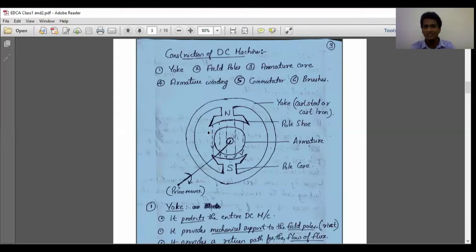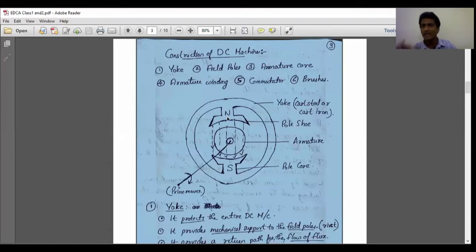But what happens when there is no pole shoe? It comes and falls down to the armature. That means I can't give DC supply to the field windings because the field windings have already fallen, and I can't supply DC to that field winding. That means I can't produce a magnetic field for my machine.